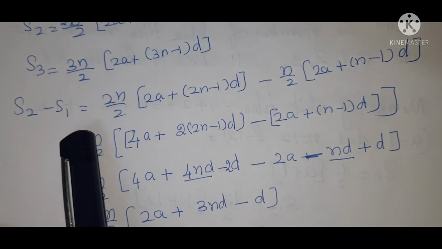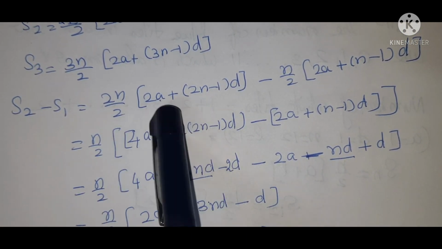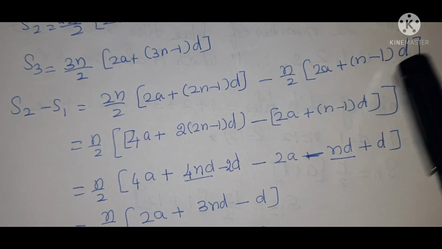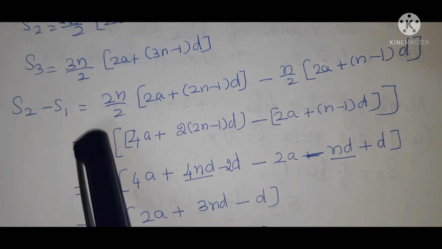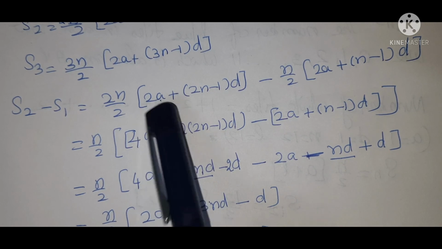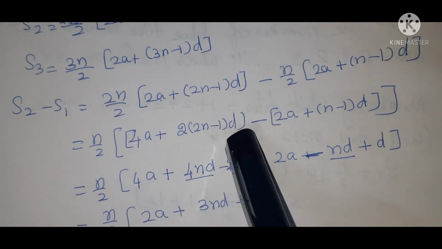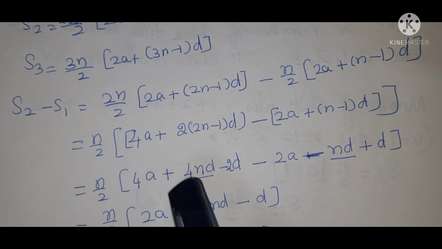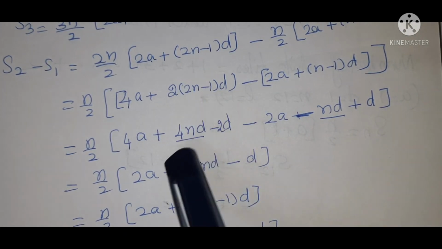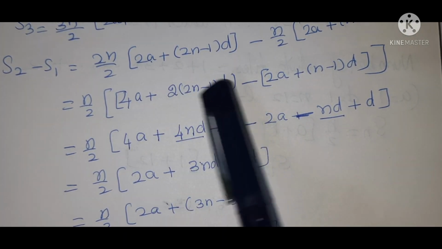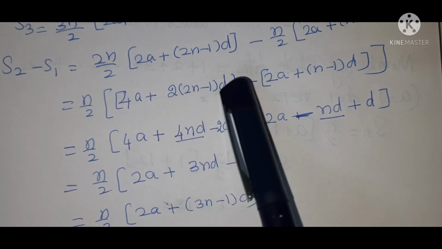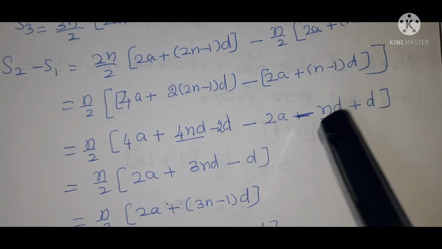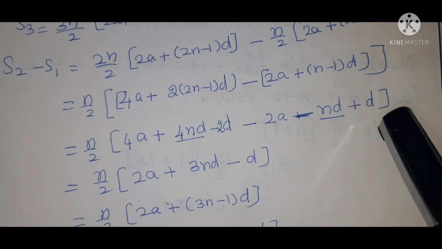That is 2n by 2 into (2a plus (2n minus 1) d) minus n by 2 into (2a plus (n minus 1) d). n by 2 is common, we take it out. n by 2 into [2 into 2a, 4a, plus 2 into (2n minus 1) d, minus (2a plus (n minus 1) d)]. That gives n by 2 into [4a plus 4nd minus 2d minus 2a minus nd plus d].